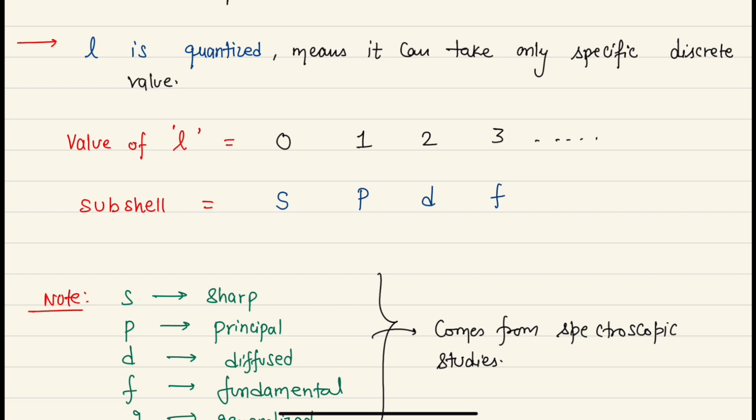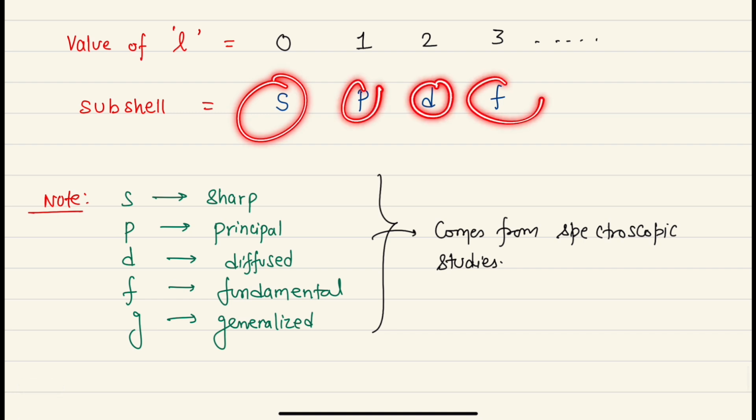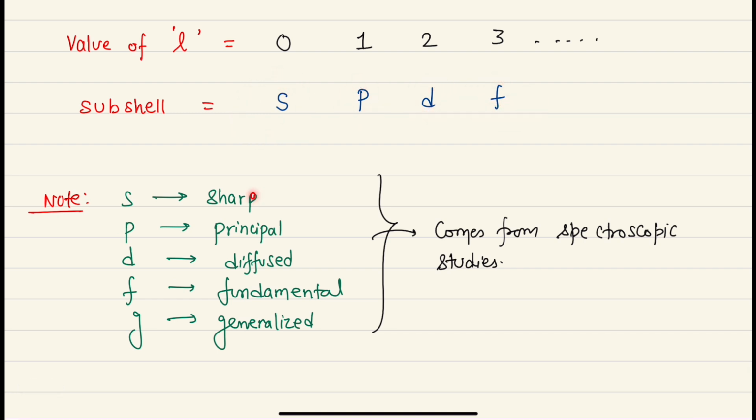Understood? Right. Now, these S, P, D and F names came from where? S means sharp, P means principal, D means diffused, F means fundamental, G means generalized, and all these names came from spectroscopic studies of the atomic spectra that we will not discuss here. That is a totally different course that we will discuss especially in atomic spectra.